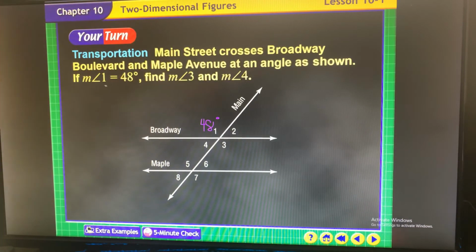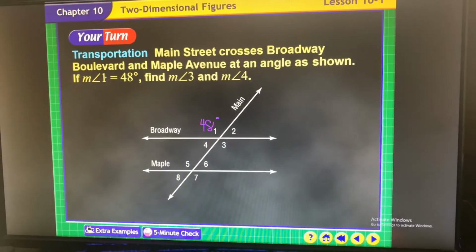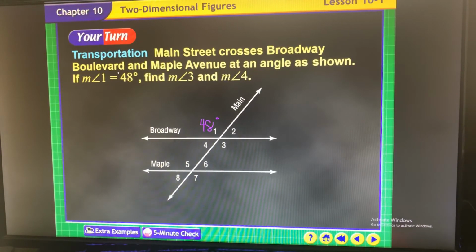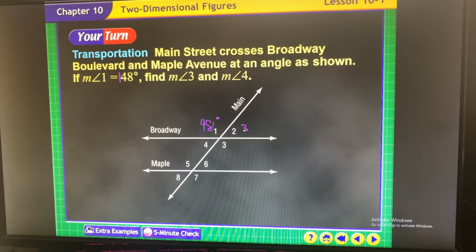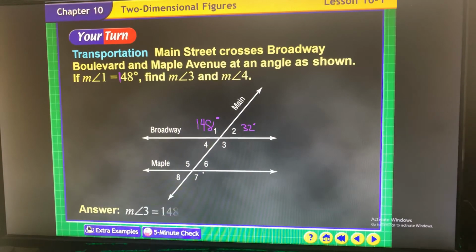So I'm thinking that they didn't mean measurement of angle 2 is 48, unless they meant that it was 148. I think I forgot the one there. So if you do 148 minus 180, that makes more sense, because then you get an acute. So then you would say this is 32. And then you can do all the rest of them. This is 32, this is 148, this is 148, this is 32, 32, 148. Easy.